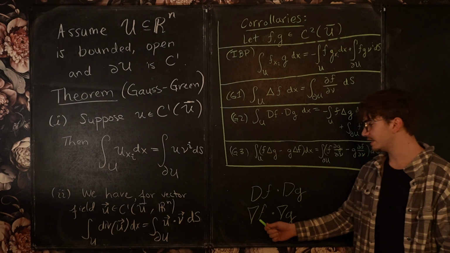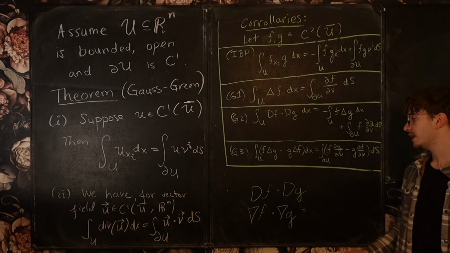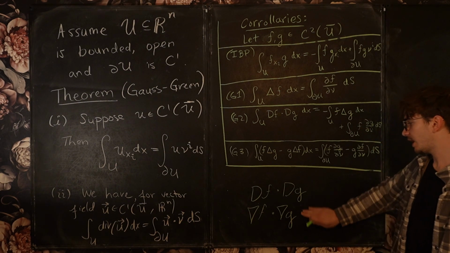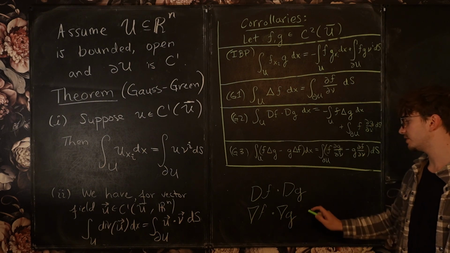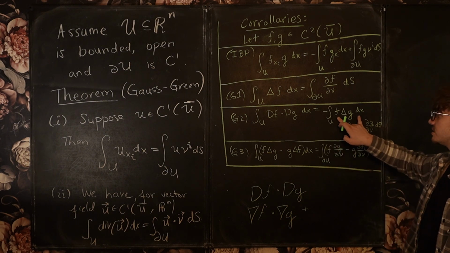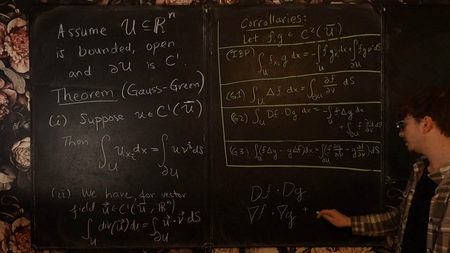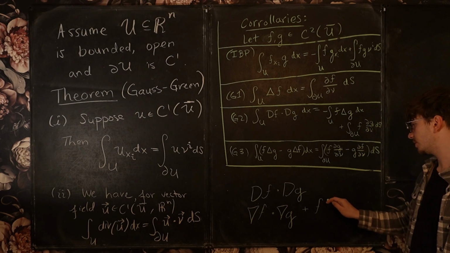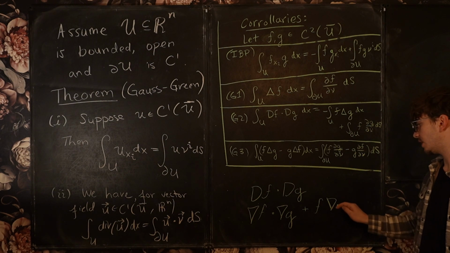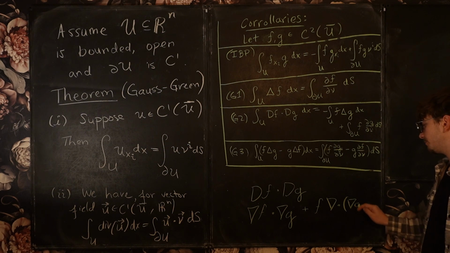So the idea is that I can write this as gradient of f dot gradient of g plus this term on the right-hand side, f Laplacian of g, which is del dot grad g.